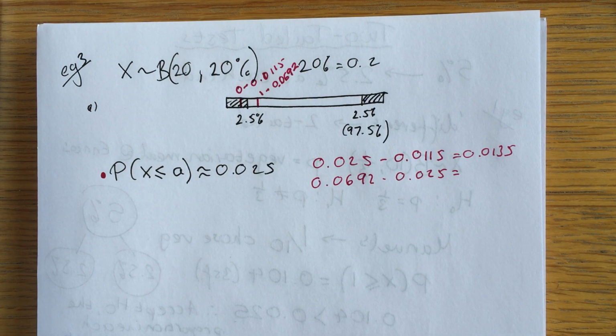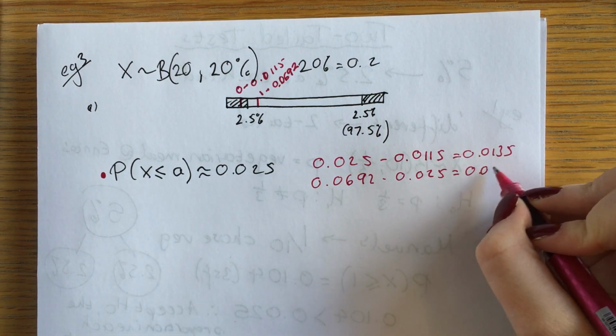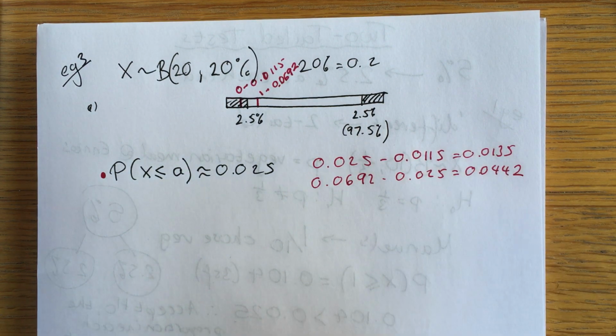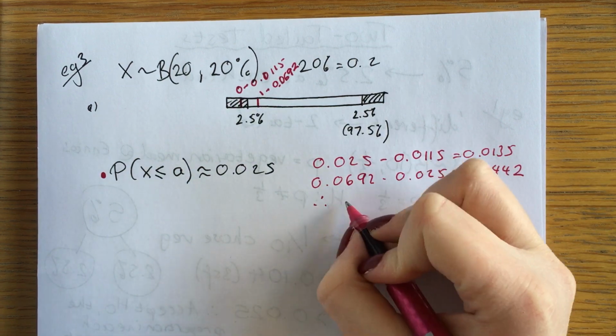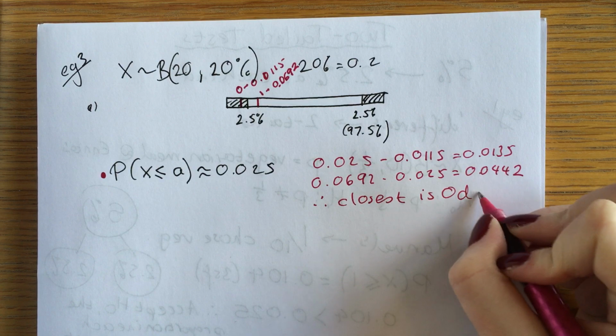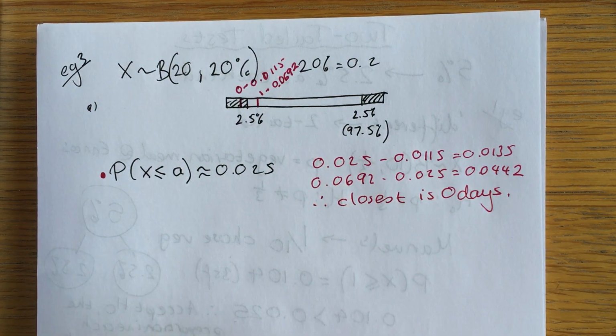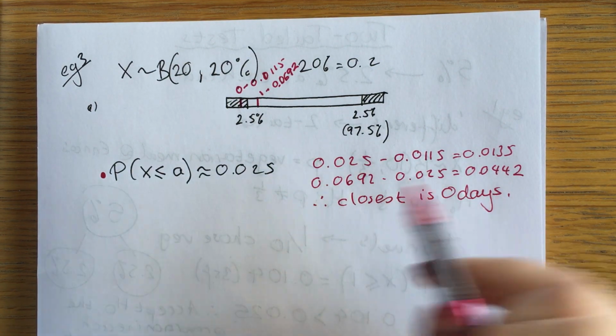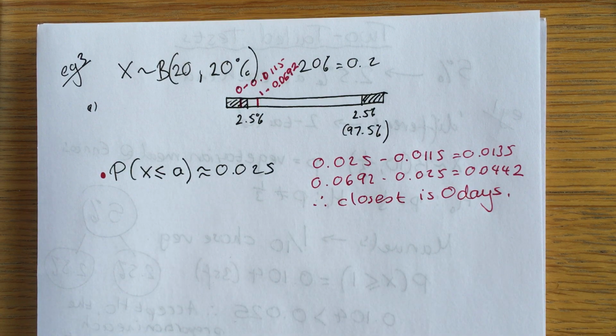Obviously I know which way to subtract because I know which number is bigger. So therefore the closest is 0 days. So our probability at this end is 0 days.